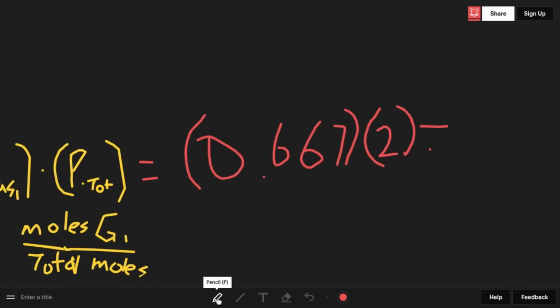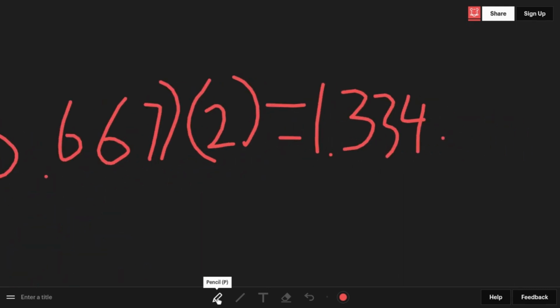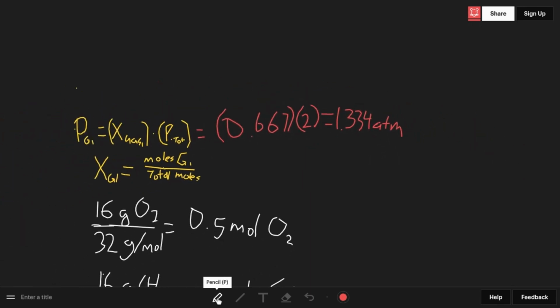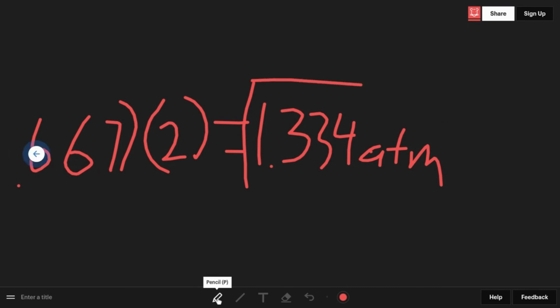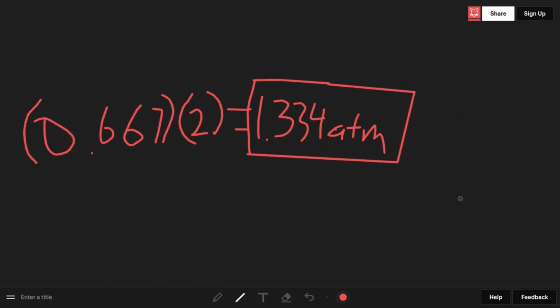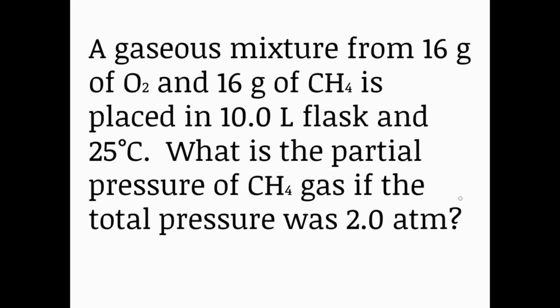After doing this multiplication, we get about 1.334 atm. So that means methane gas has a partial pressure of this, and that is one of the answers on the practice multiple choice she gave, so now we know that that's correct.